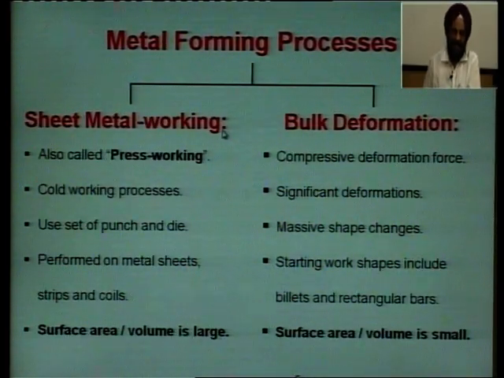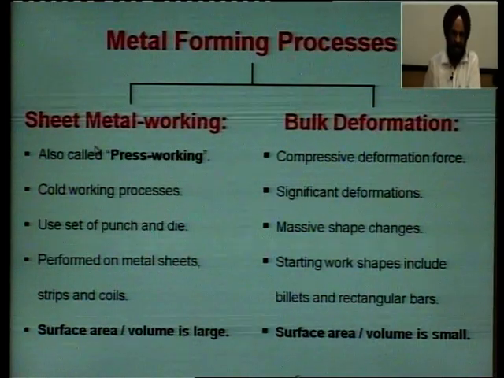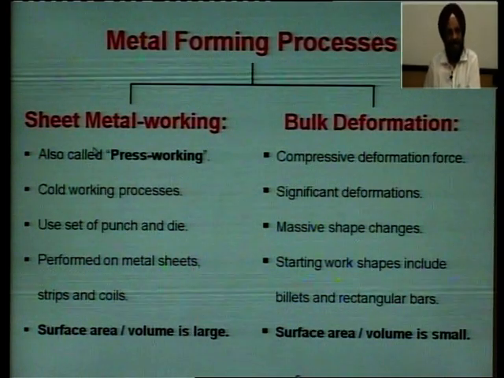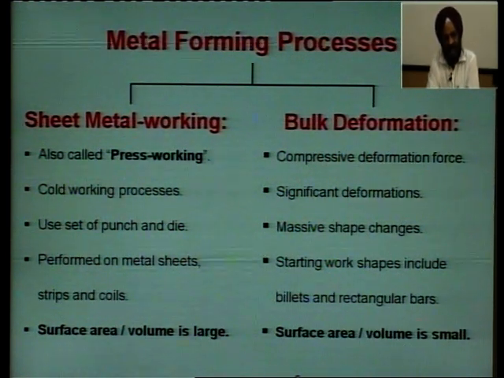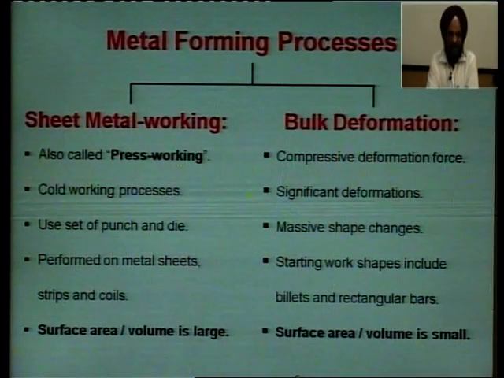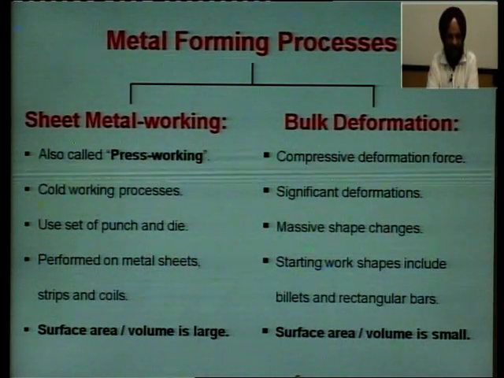In metal forming, you have sheet metal forming or sheet metal working. Also we call it press working. These are cold working processes normally, and you use a punch and die as we all know, and it is performed on metal sheets, strips and coils.